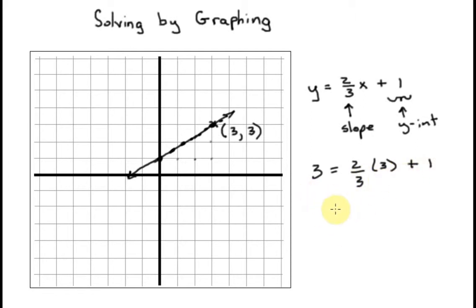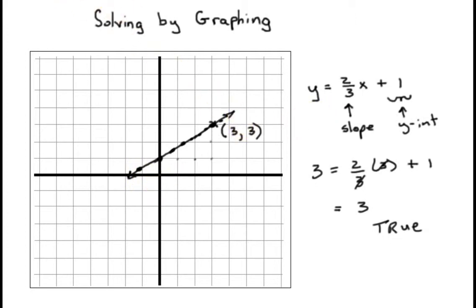So the left side is 3, and on the right side, I can cancel these 3's here. I'm going to get 2 plus 1, which is also 3, and so the equation is true. That's going to be true of any of the points on this graph. If I can figure out their coordinates, they will make the equation true.